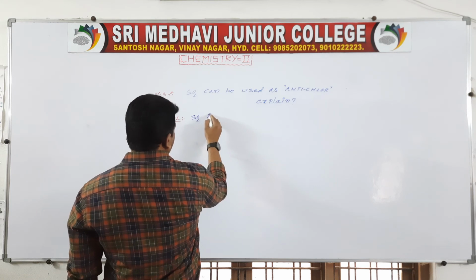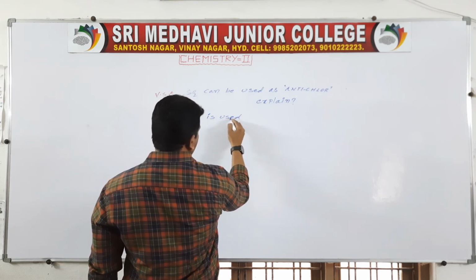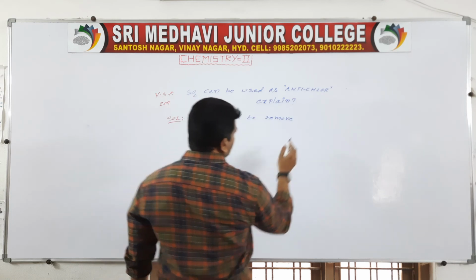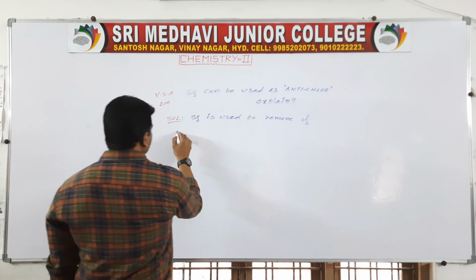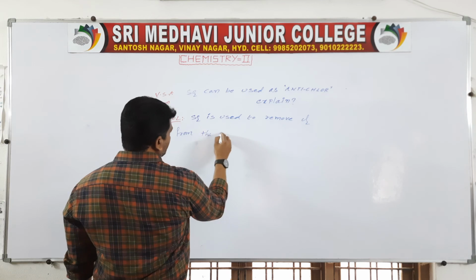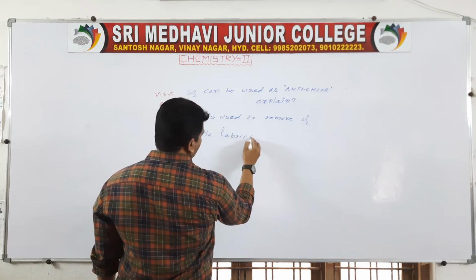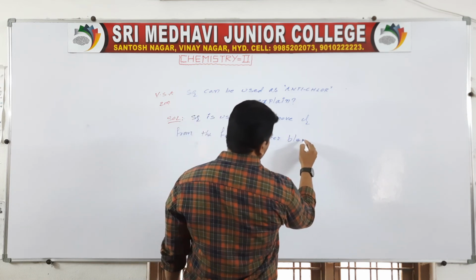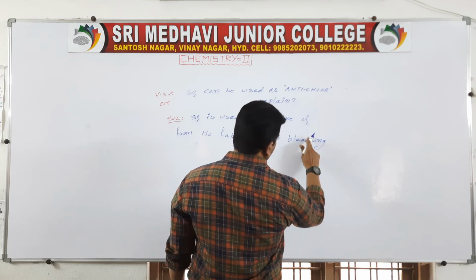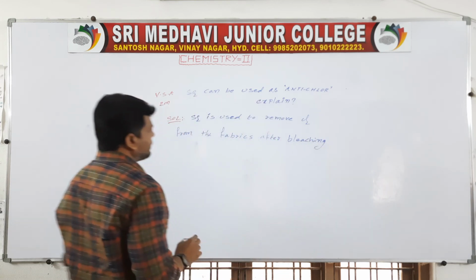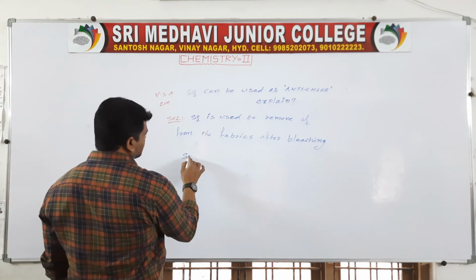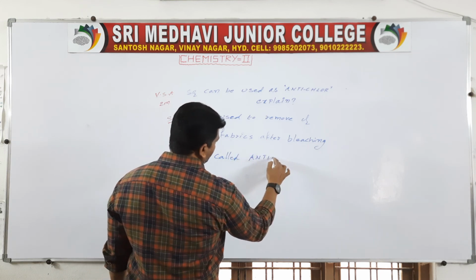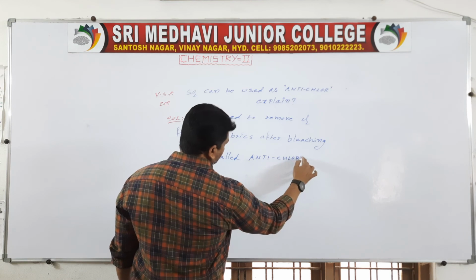SO2 is used to remove Cl2 from the fabrics after bleaching. Okay, so it is called anti-chlor.